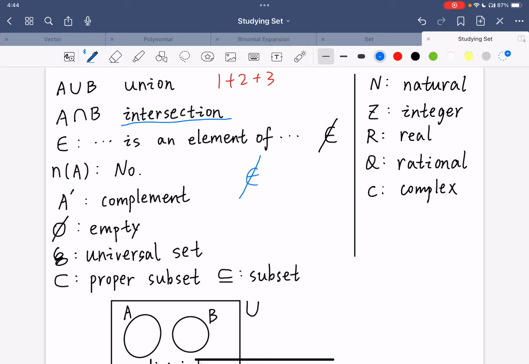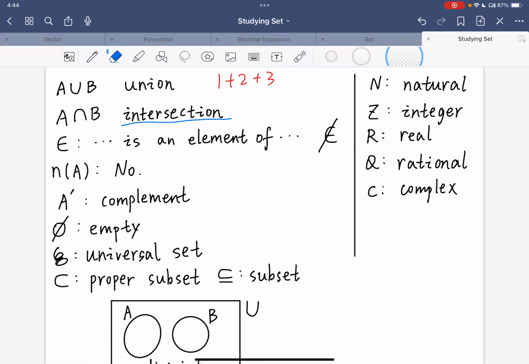Then it's the negative or opposite: is not an element or is not a member of the set. Simply that.